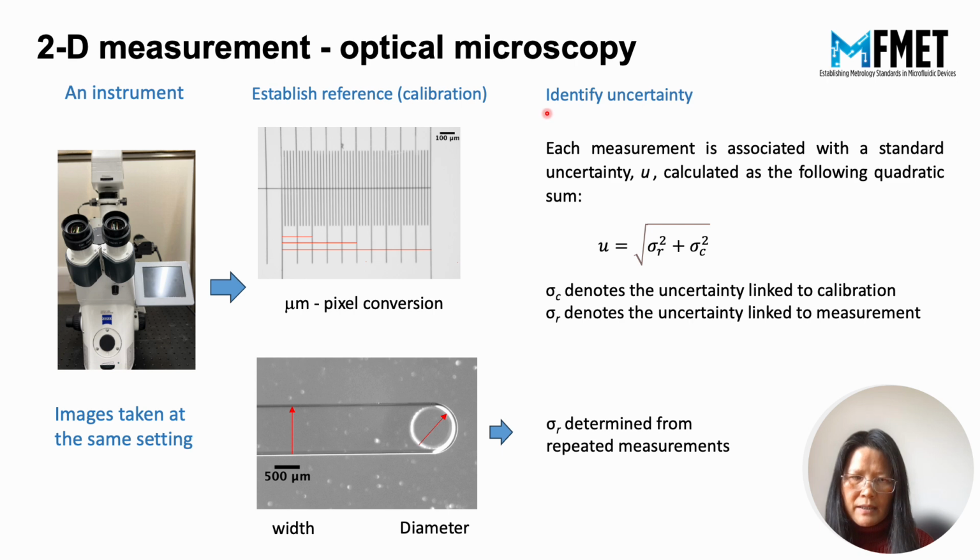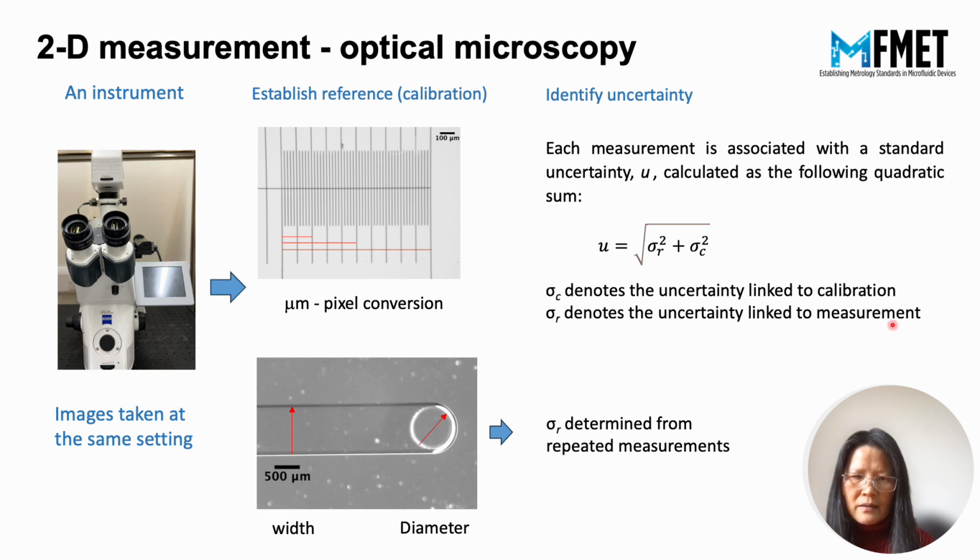Next, it is crucial to consider the uncertainties associated with each measurement. Typically, there are two largest sources of uncertainties. One stems from the instrument itself. This can be calibrated, using a standard scale bar to determine errors in measuring the reference length.